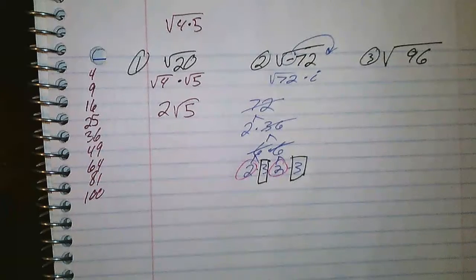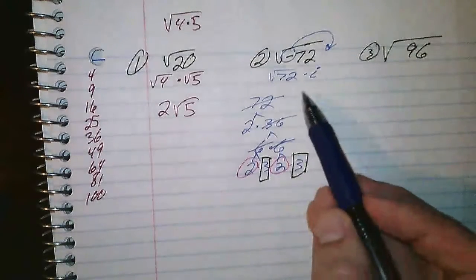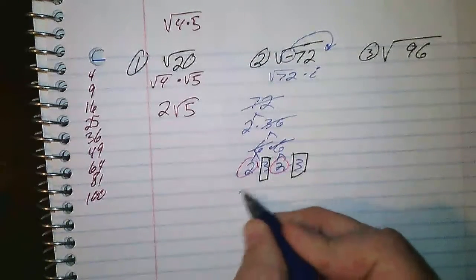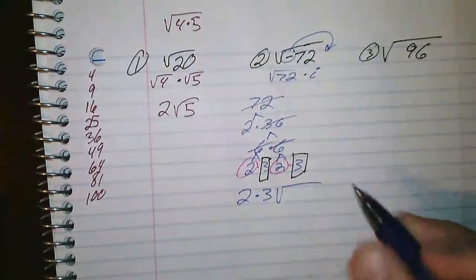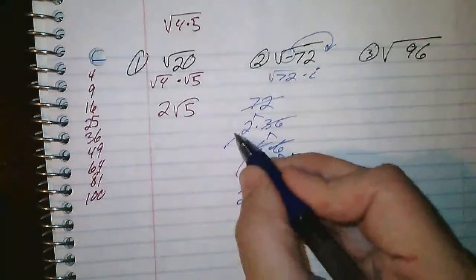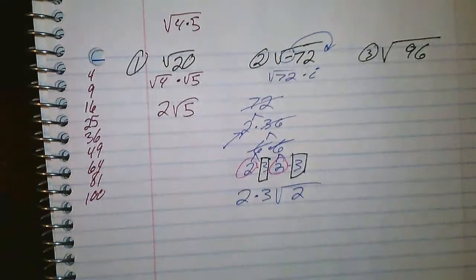So with a square root, we look for pairs and pull them out once. So we have our 2 that we pulled out once, our 3 that we pull out once. Left under the radical is this lone 2. The 2 that did not have a pair.